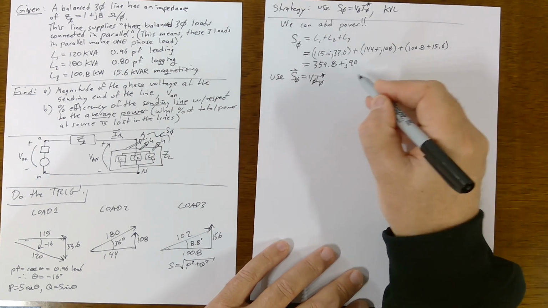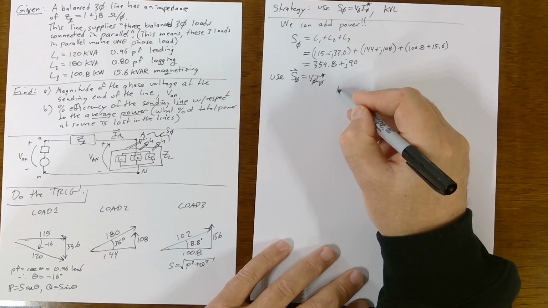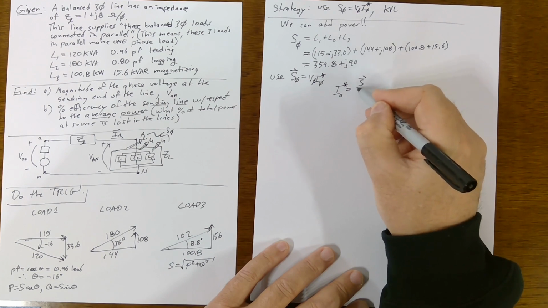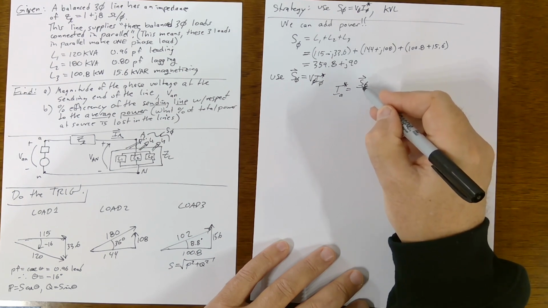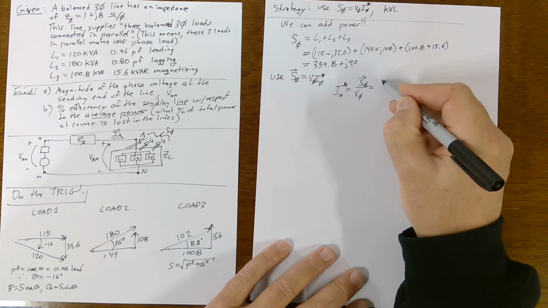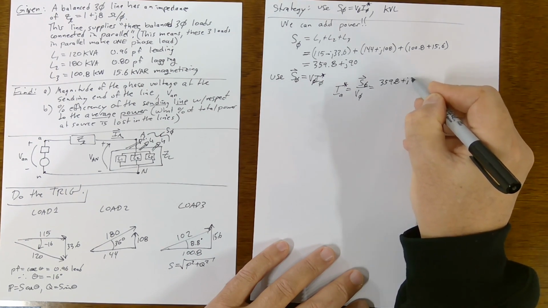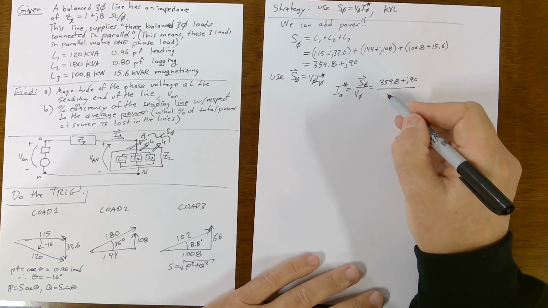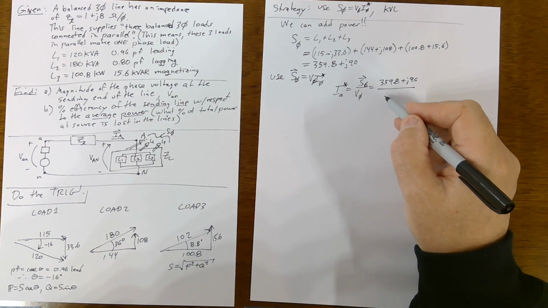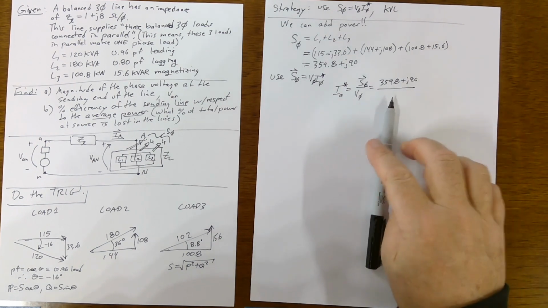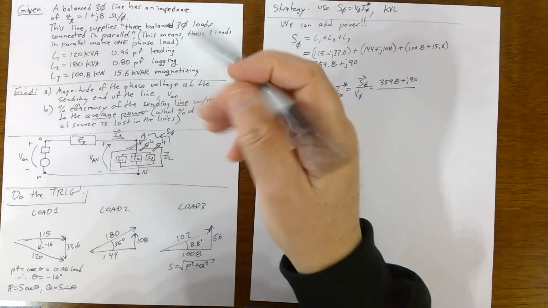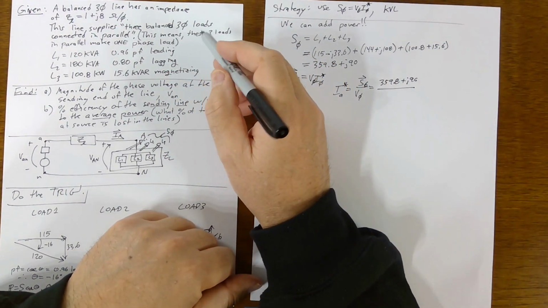Specifically, IA conjugate is going to be S phase over V phase, and so this is 359.8 plus j90 over, where's that? Oops, that was given. I sort of forgot it in here.